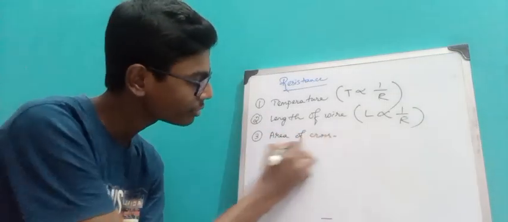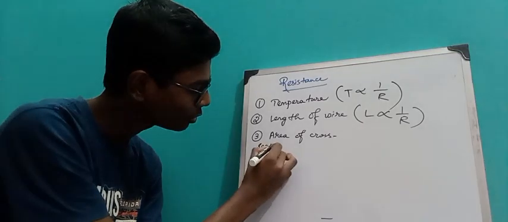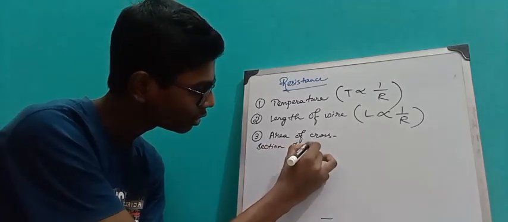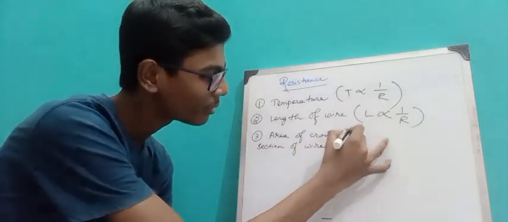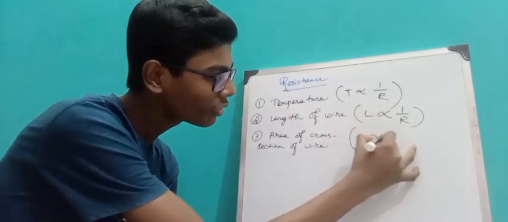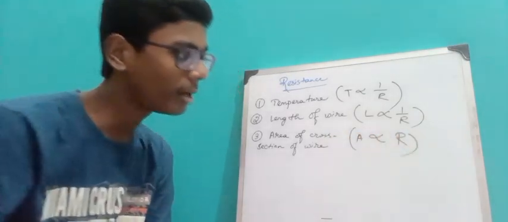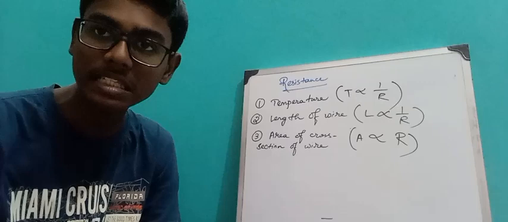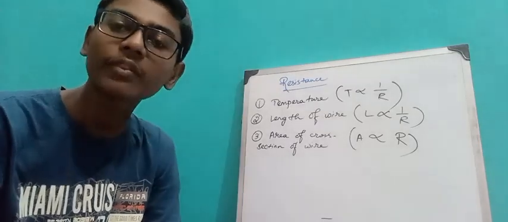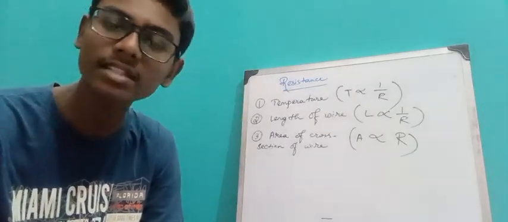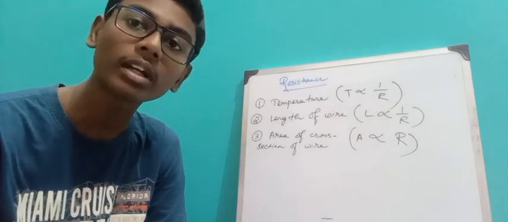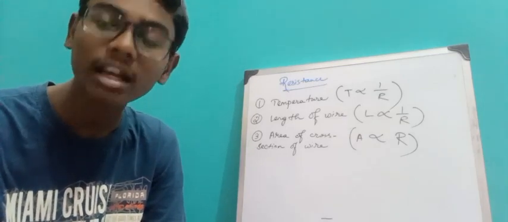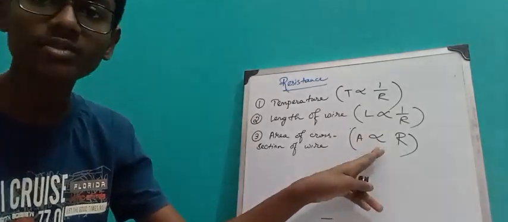Area of cross section of the wire is directly proportional to resistance. Why? Because if the area is high, the electrons will get more space to travel, and in that case resistance will be higher, sorry, lower.